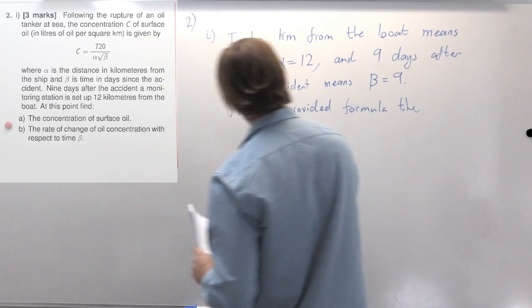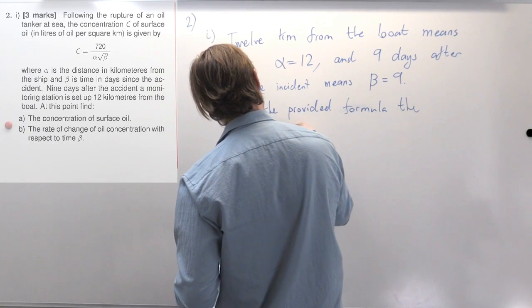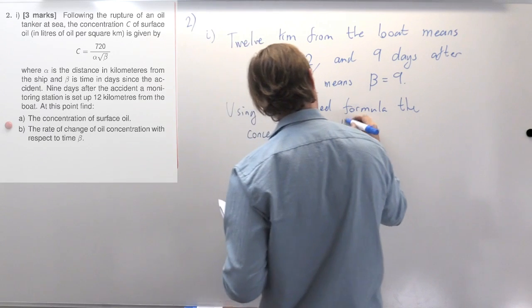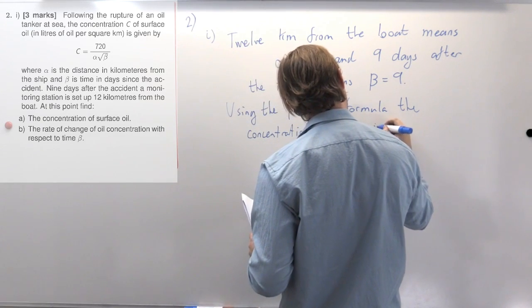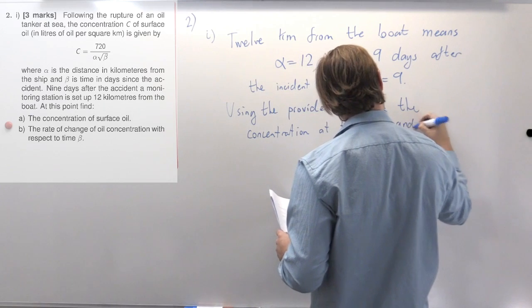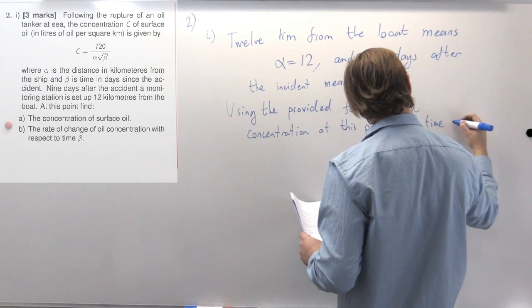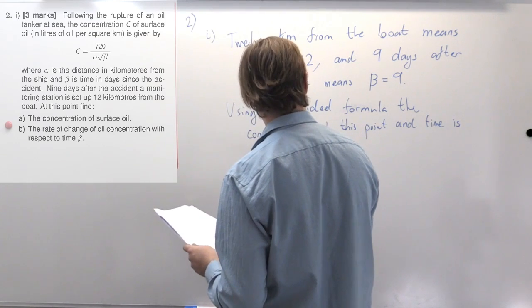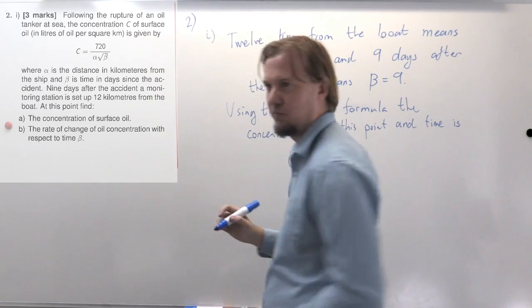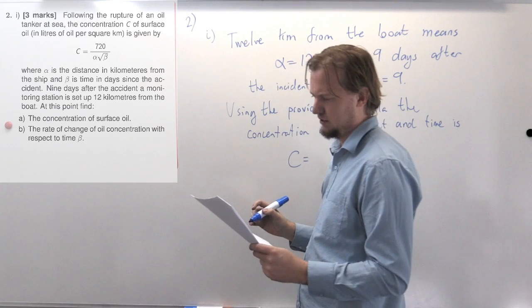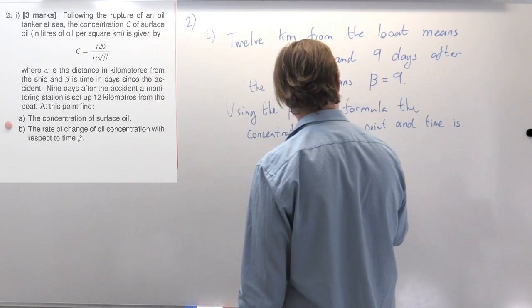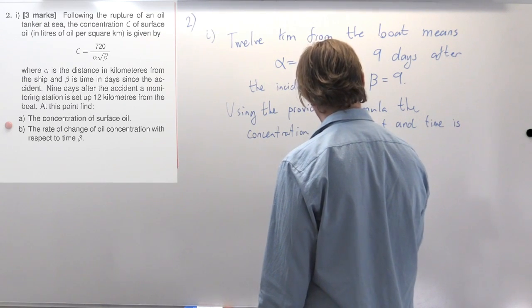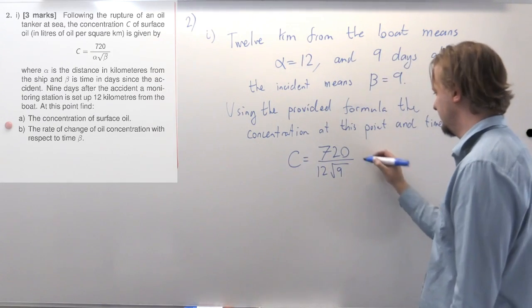The concentration at this point and time is given by C equals 720 over alpha, which is 12, times the square root of beta, which is 9.